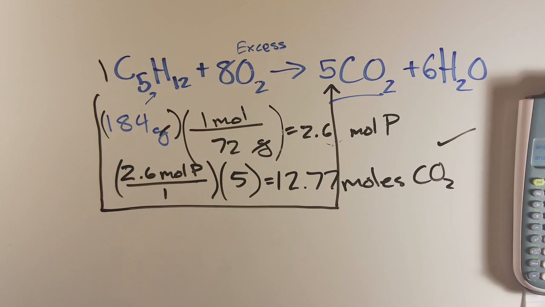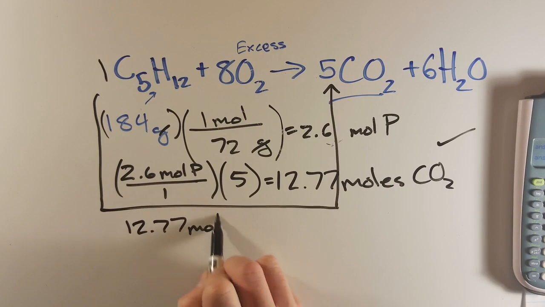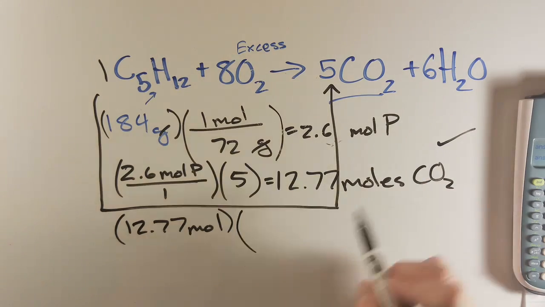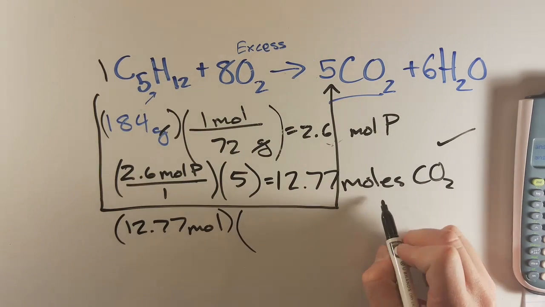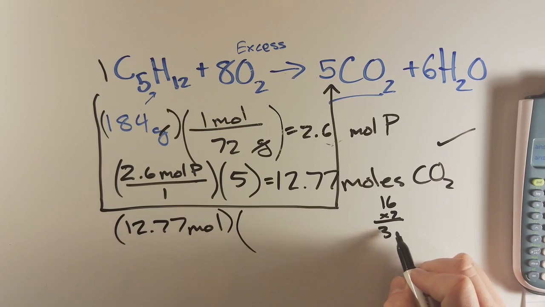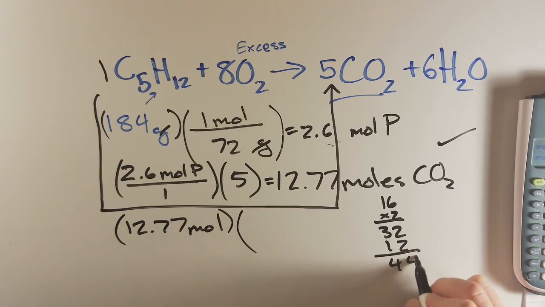So in some cases you can be done there. If you want to know how many grams of CO2 you have, you need to do one more step of conversion. That's 12.77 moles of carbon dioxide. The molar mass of carbon dioxide is going to be 44. 16 times 2 is 32 plus 12 is 44.